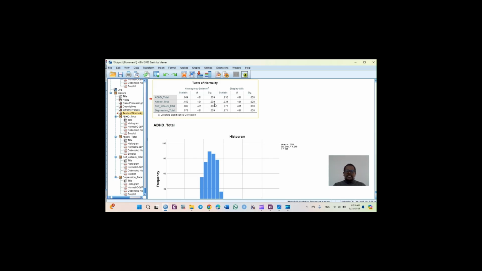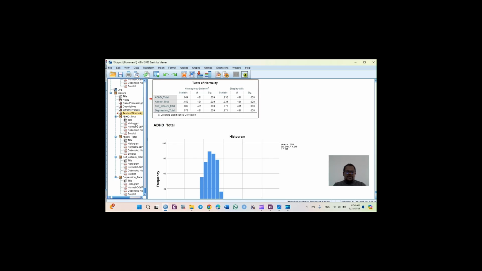Here you will check the Kolmogorov-Smirnov and Shapiro-Wilk tests. Shapiro-Wilk is powerful if the sample size is small, that means less than 50, and Kolmogorov-Smirnov is good for larger sample sizes. So we'll check the p-values. If the p-values are greater than 0.05, we will go for parametric tests. Otherwise, we will go for non-parametric tests.